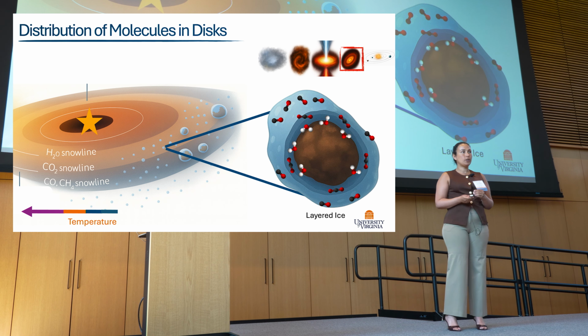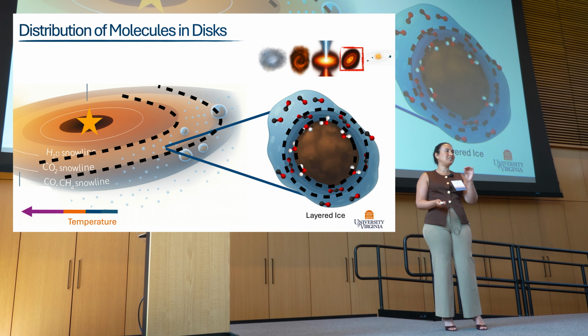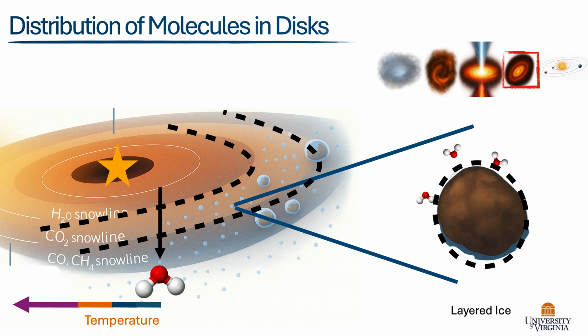In the literature, those dust grains are believed to be in uniform layers, with the dust, then water, then potentially carbon monoxide, which means particularly defined snow lines, where we'll have first desorption of carbon monoxide and then desorption of water.